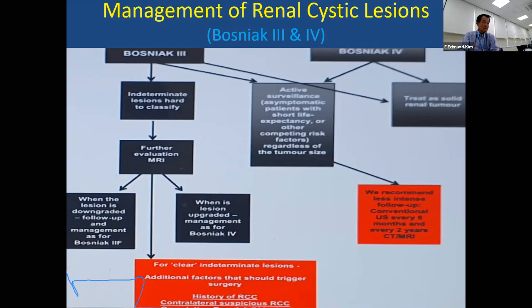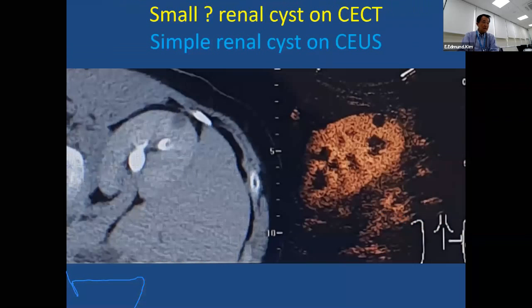And then the biopsy. Is this a simple cyst or cystic nephroma? You can tell. The margin is so clear with contrast, so it's more likely a benign simple cyst on contrast study.